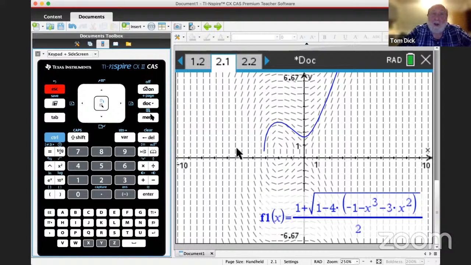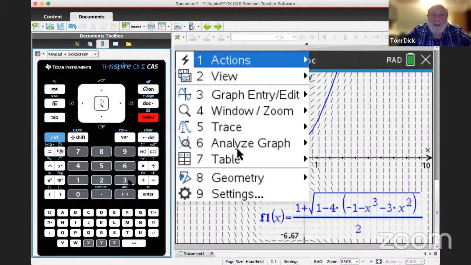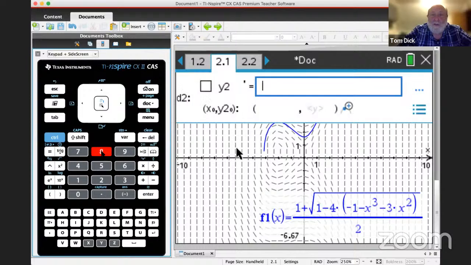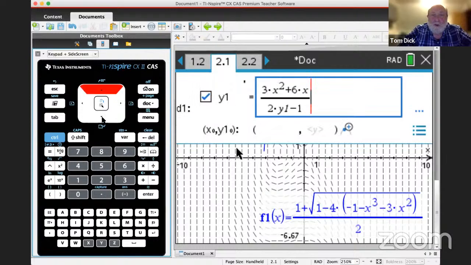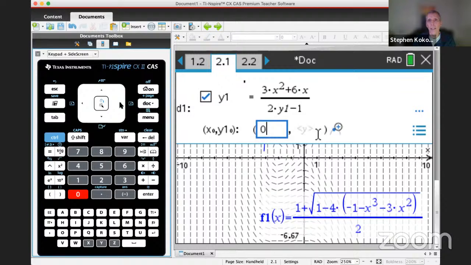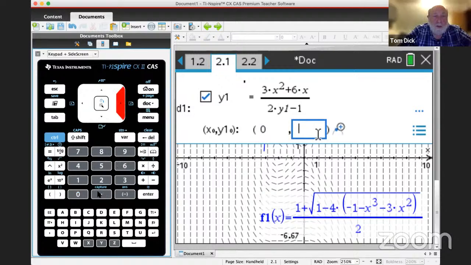But if you want to see what that looks like, let me go to graph entry edit, go back to the differential equation plotter. And what Curtis was referring to is, notice there's a spot down here where I could put 1 point on the curve. I think one of the points Steve had was a 0, right, and the golden ratio, which was 1 plus root 5 over 2.